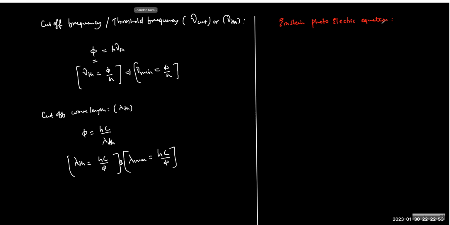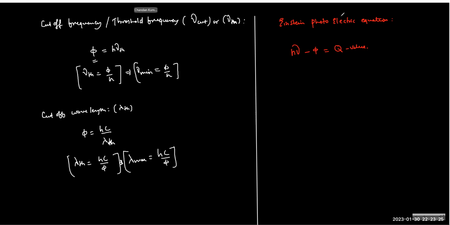So what Einstein said is that when you give energy to any electron, and if this is more than phi, this difference of energy is called the Q value. Now, the kinetic energy is not the Q value.